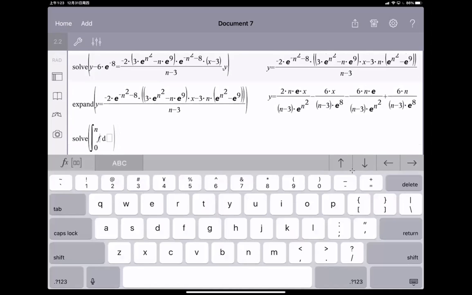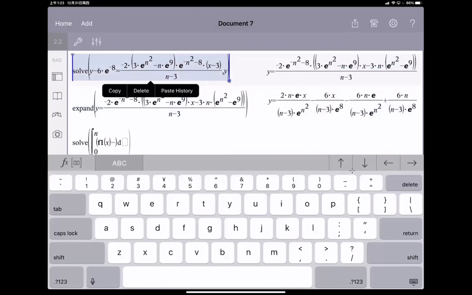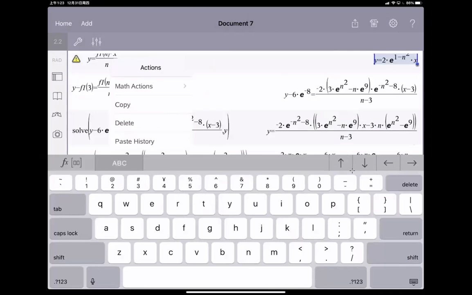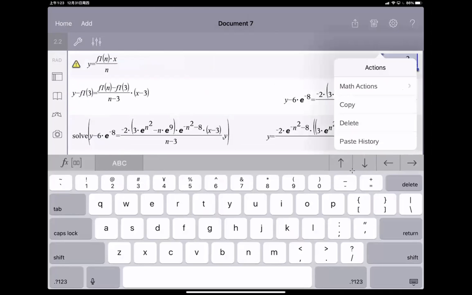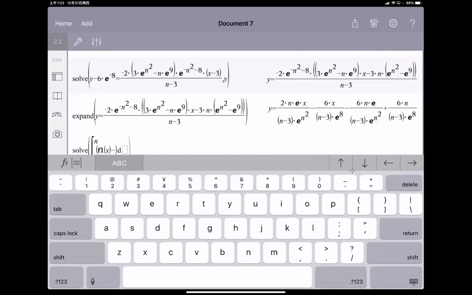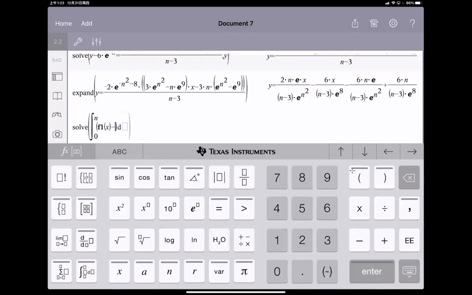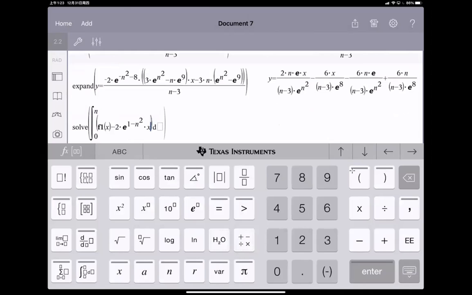Your function f, which is f1 of x, minus the line. In the integral, I only need the right-hand side, the expression. So copy, paste, dx, equated to the integral from n to 3.